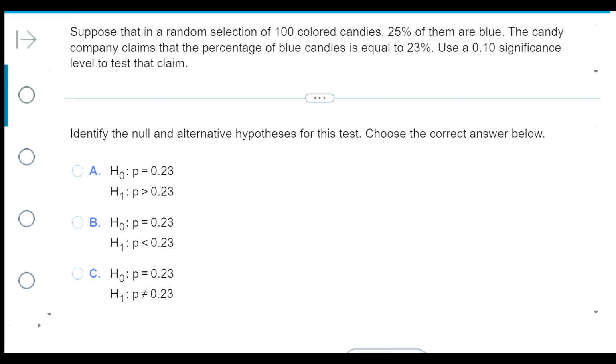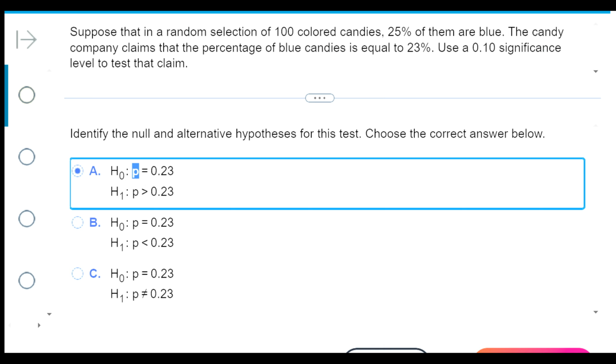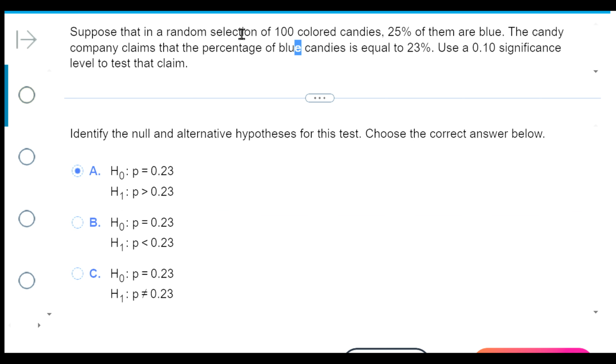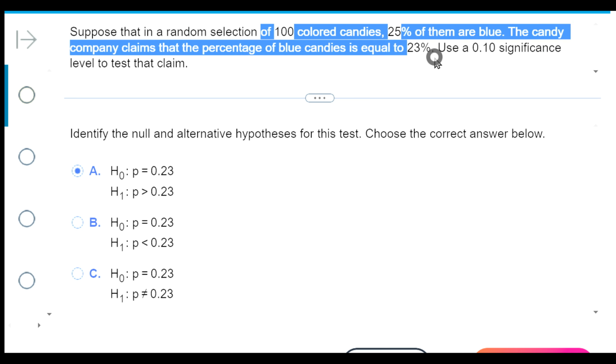Here we are. This is question 1 from the week 6 homework. It is hypothesis testing about a proportion. You can tell that because of this little p, just like in week 5. Let's see what's going on here. 100 colored candies were selected.